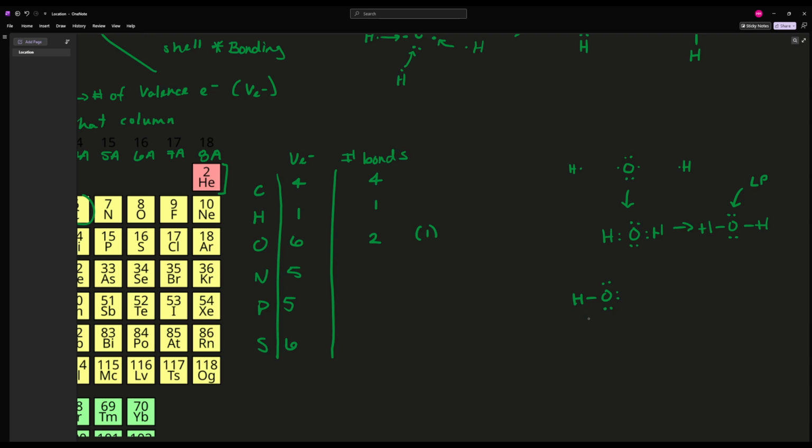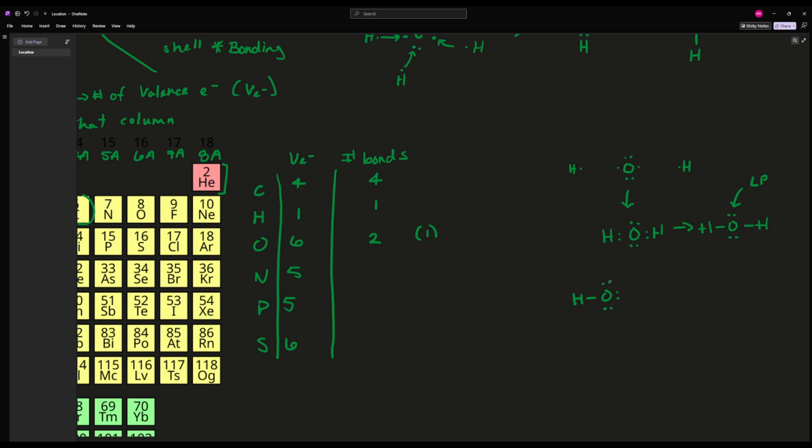We can now calculate a formal charge on this. And to do that, we take the number of valence electrons, and subtract from it the number of electrons actually surrounding this oxygen.